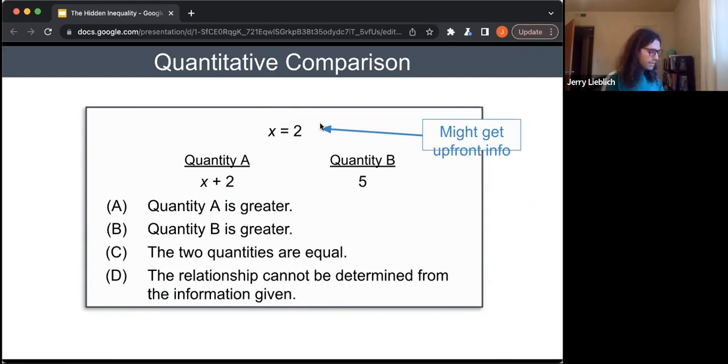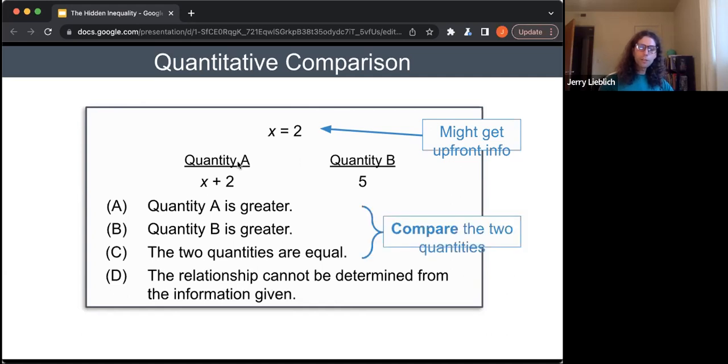In every case, the question is always the same. We've got these two quantities, and your job is to compare them. It's worth knowing the choices: we pick A or B for the bigger value, we pick C if they're equal, and D if it can't be determined. We'll talk a little bit about what that means in a second.